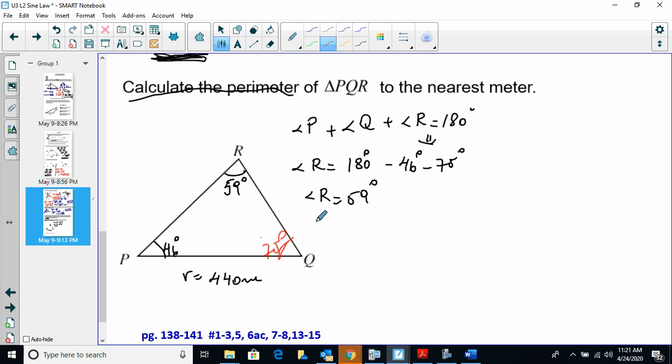So let's start with the first one, PR, which is lowercase q.